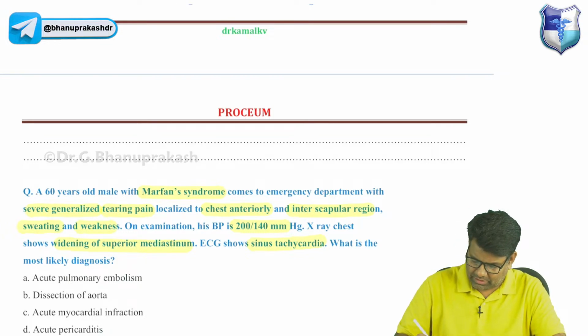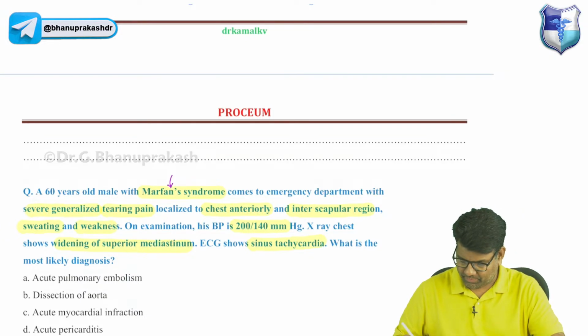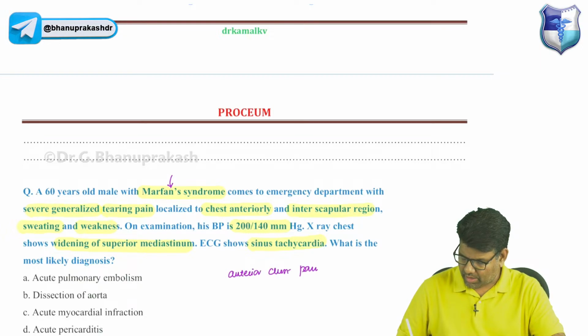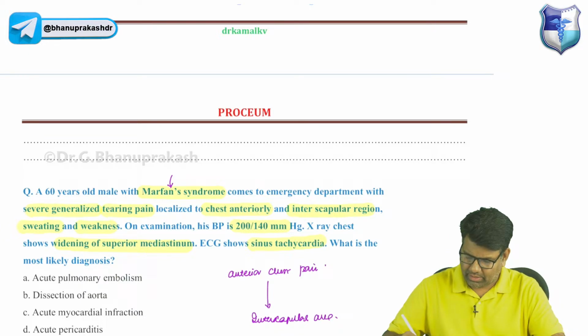Now, when you see a case of Marfan syndrome with a typical history of anterior chest pain going backward towards the interscapular area, and it's like a kind of tearing pain, that is very indicative of aortic dissection.